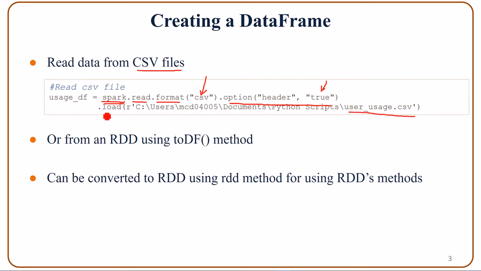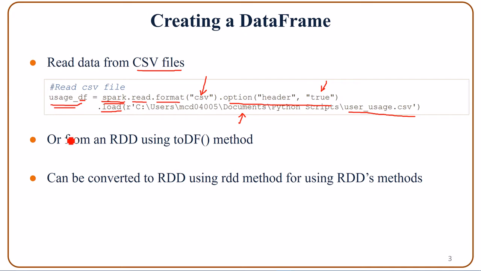And then the load method, give it the path and the file name. And you read CSV data into df, which is for data frame.